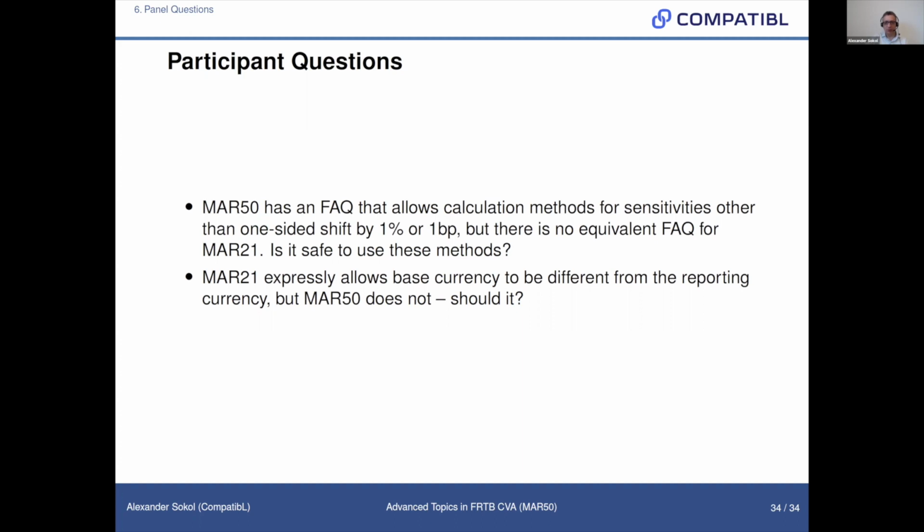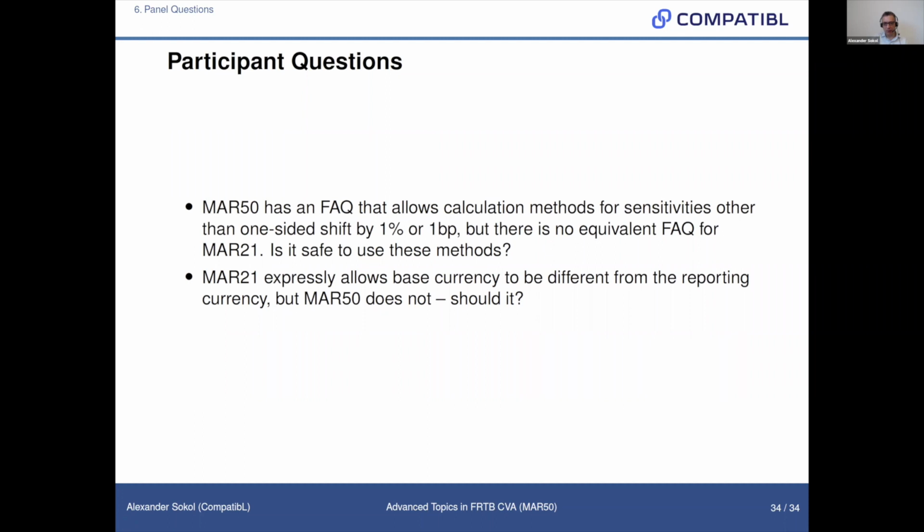So for CVA, it was clarified that you can, but not, at least to my knowledge, for the market risk. I think the general assumption is it's safe to use this method. You don't have to use specifically a one-sided shift by a fixed amount, but it'd be nice to confirm that.